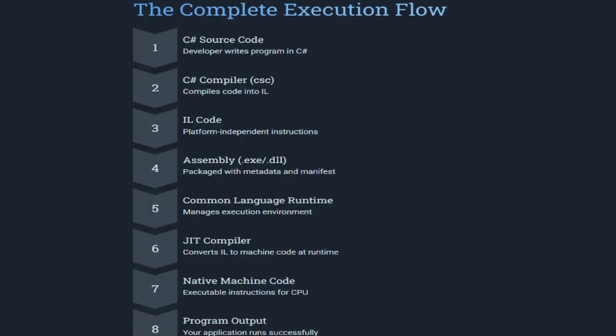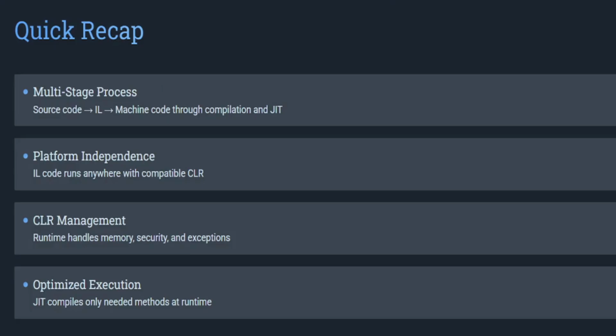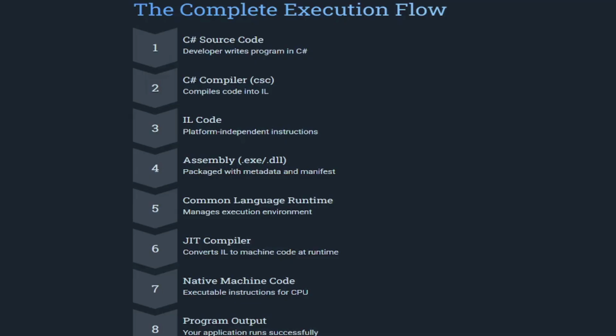If we summarize the entire flow, we write code in C#, then the compiler converts it into intermediate language, then the IL code is stored in an assembly, then the CLR loads and manages execution, then JIT converts IL into machine code.